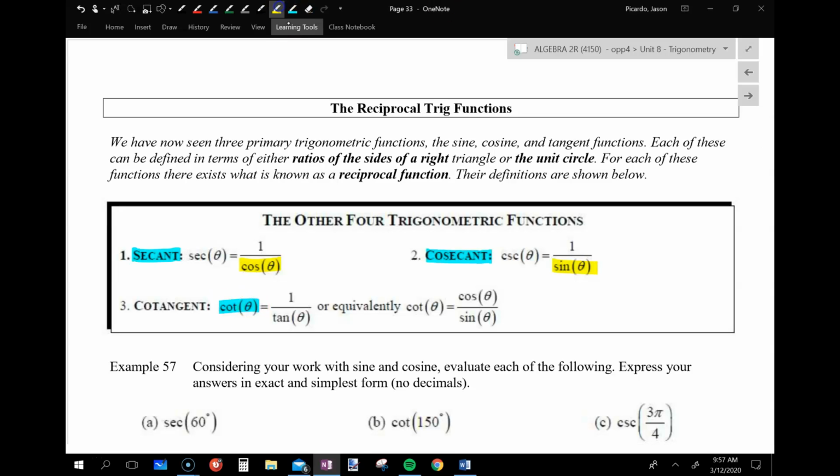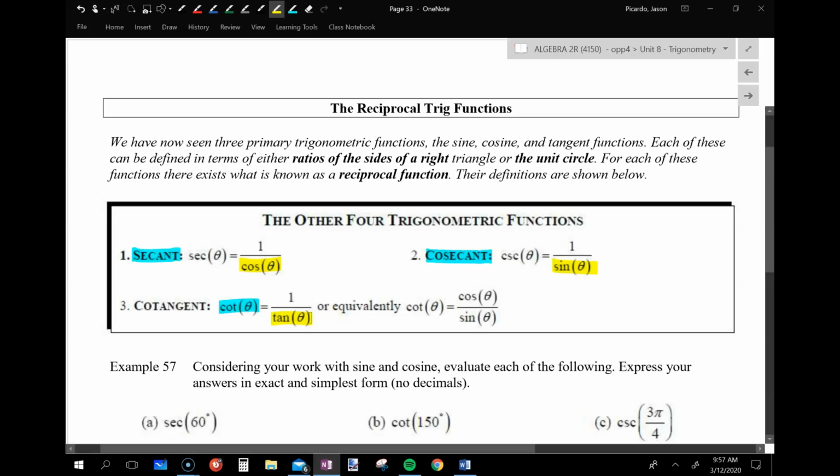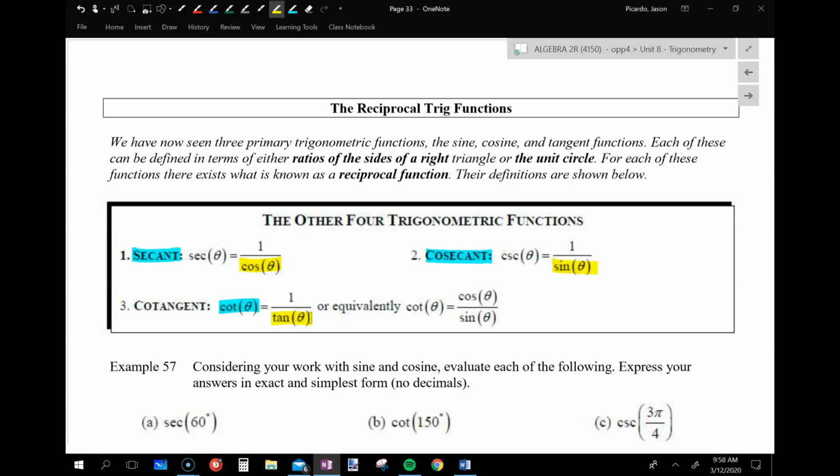Cotangent equals 1 over tangent. So guess what I just did? And you guys don't even realize it. I just threw 3 more trig functions at you. So guess what? Sine, cosine, and tangent are not the only ones. There's 3 more. Secant, cosecant, and cotangent.